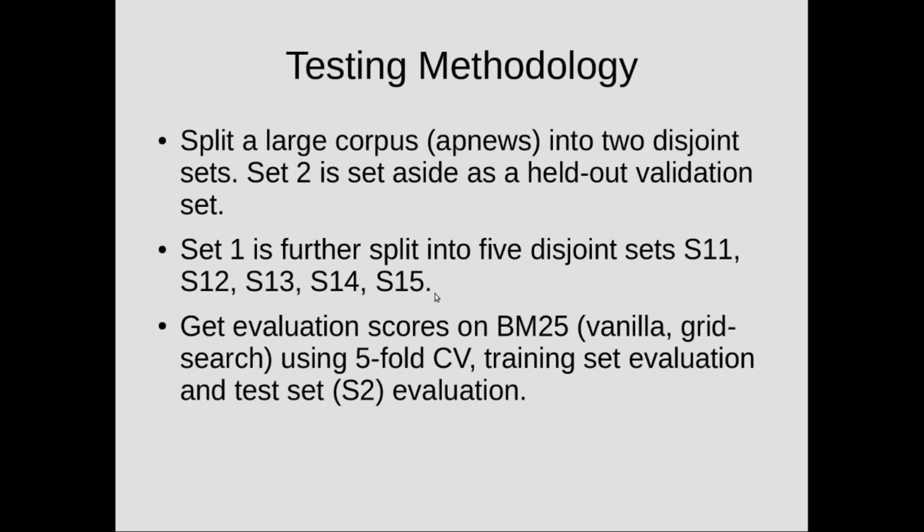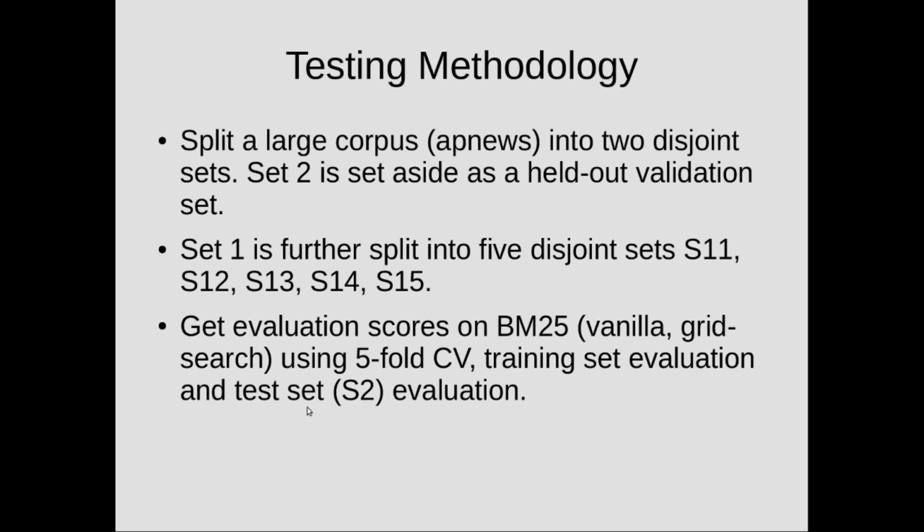Then the idea is to get evaluation scores on a BM25 ranker using 3 different ways to evaluate it. The first way is just 5-fold cross-validation using the resampling framework. Second way is your usual training set evaluation. So basically retrieving documents and evaluating documents all on the same set, right?